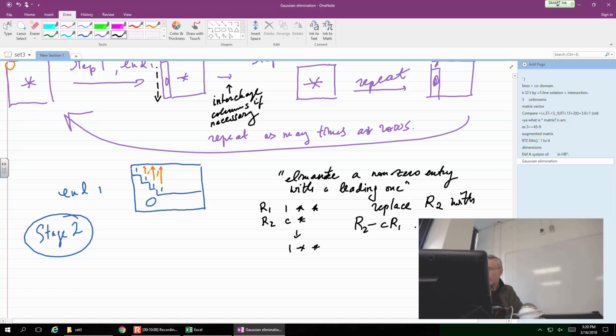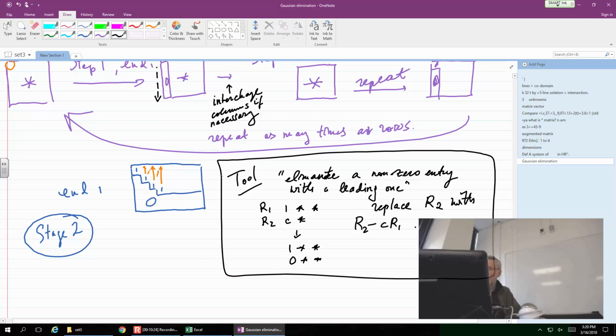It's still 1 star star, and the second one becomes 0 and some numbers elsewhere. That's the tool that is used throughout this operation: eliminating non-zero entries below and above a leading one.